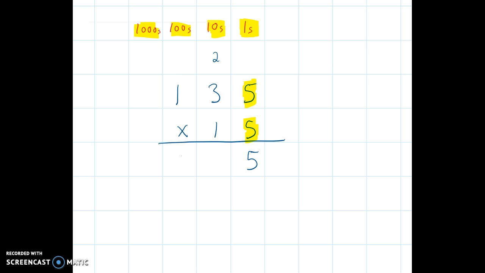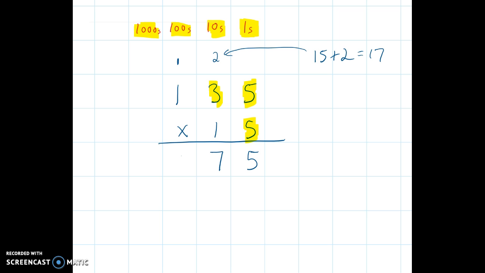Now I have to go 5 times 3. So 5 times 3 is 15. Then I need to add my 2, because I carried that over to that column, so it gets 17. I'm going to take 17, and I'm going to put the 7 here, and I'm going to carry the 1 up here.